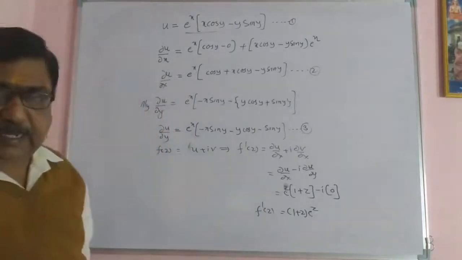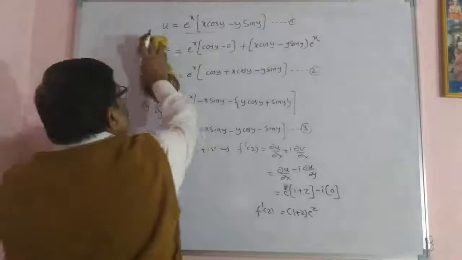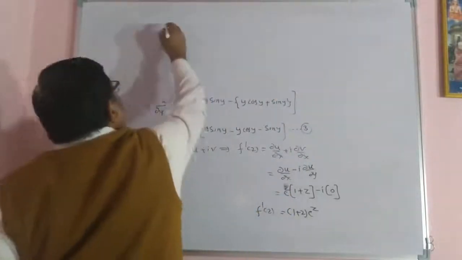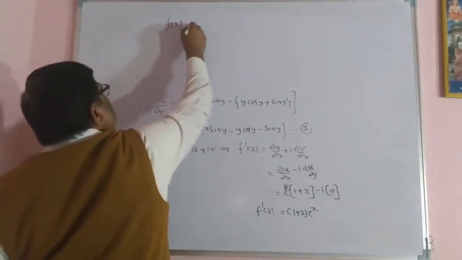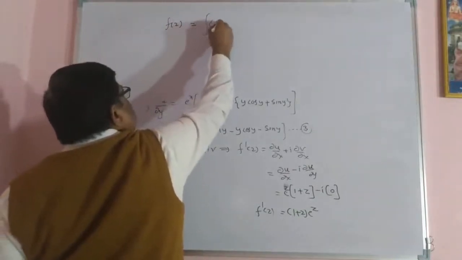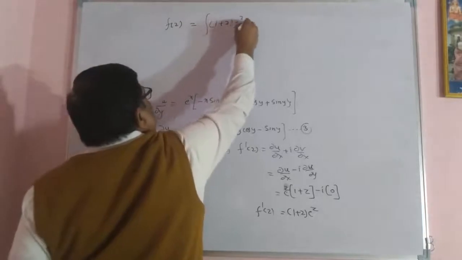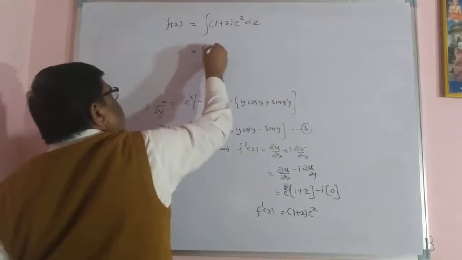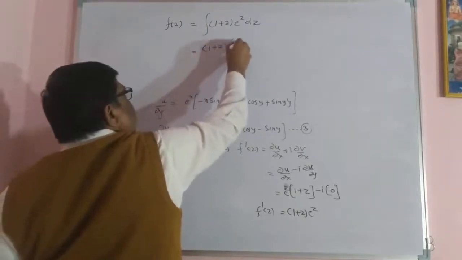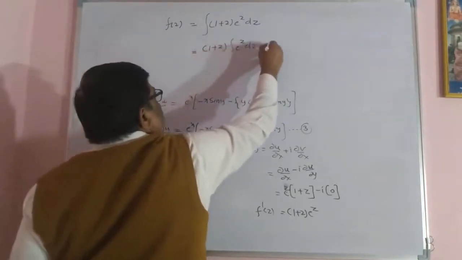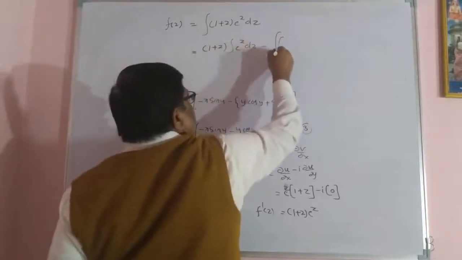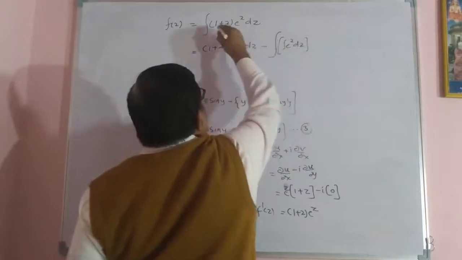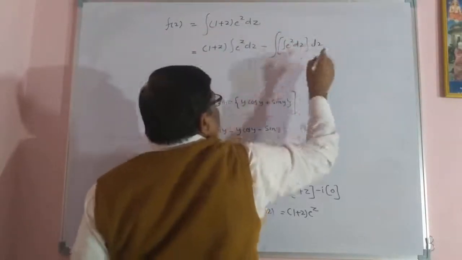Integrate with respect to z. If I integrate with respect to z, f of z equal to integration of 1 plus z into e raised to z dz, by integration by parts. 1 plus z is constant, integration of e raised to z dz, minus under integration, the integration of e raised to z dz, and differentiation of 1 plus z is 1.